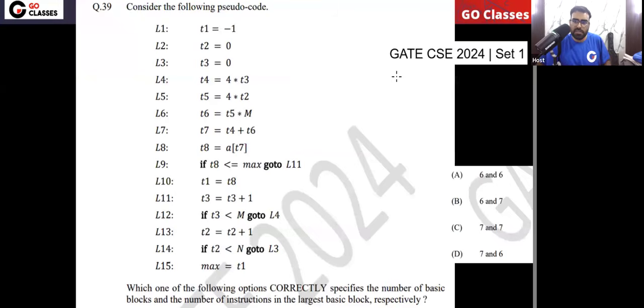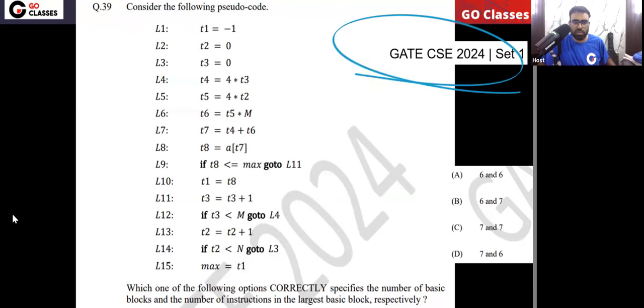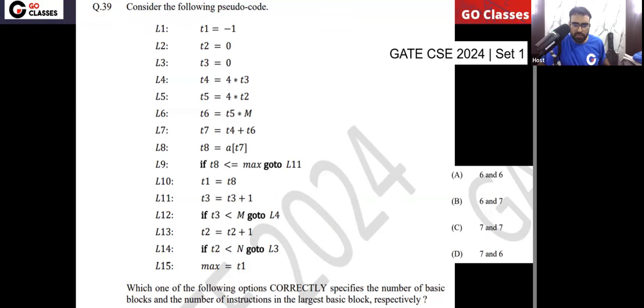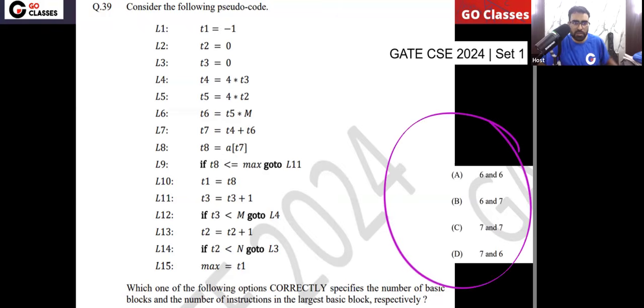Okay, let's take the GATE CS 2024 Set 1 question based on control flow graph. Consider this pseudo code. Which one of the following options correctly specifies the number of basic blocks and the number of instructions in the largest basic block, respectively? These are the options given to you.